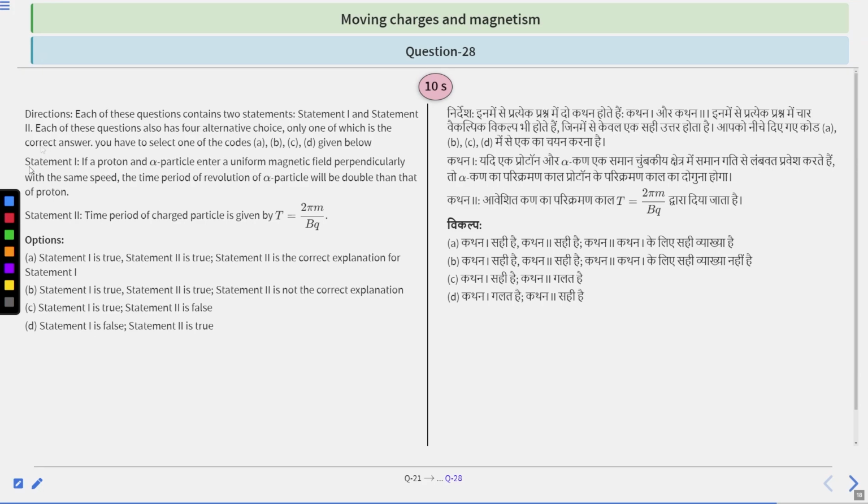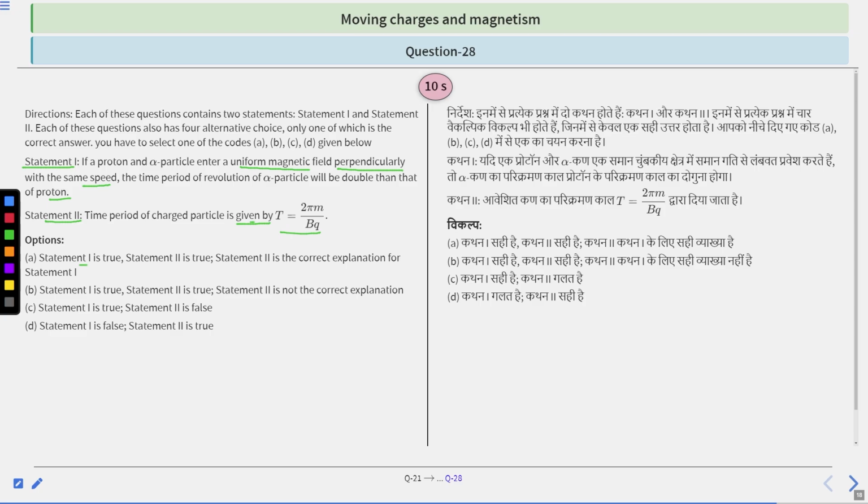Question is: statement first, if a proton and alpha particle enter a uniform magnetic field perpendicularly with the same speed, the time period of revolution of alpha particle will be double that of proton. And statement second, the time period of a charged particle is given by T equal to 2πm divided by Bq. So which option is correct?